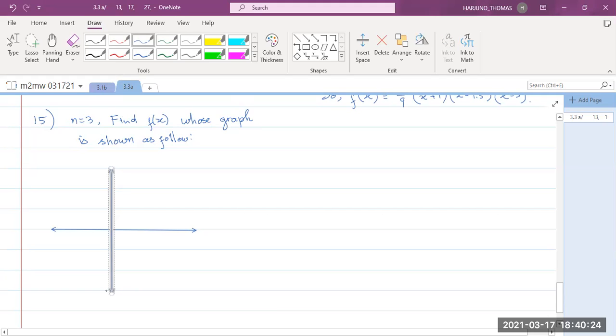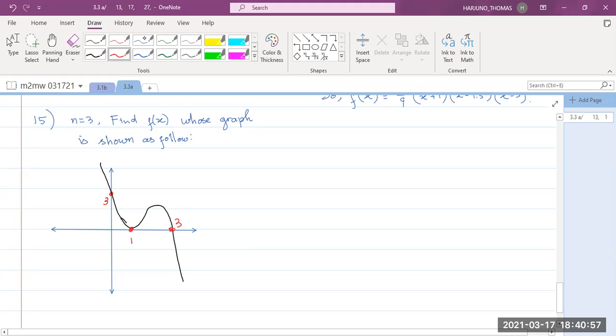We have y-intercept (0, 3), x-intercepts (1, 0) and (3, 0). In fact, the graph actually bounces at (1, 0).